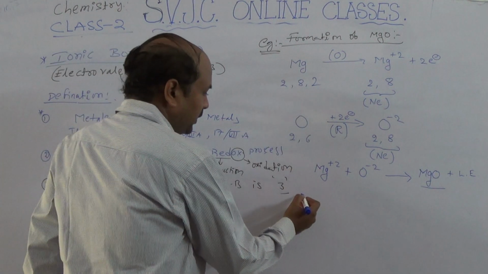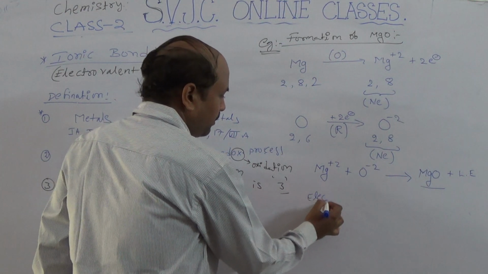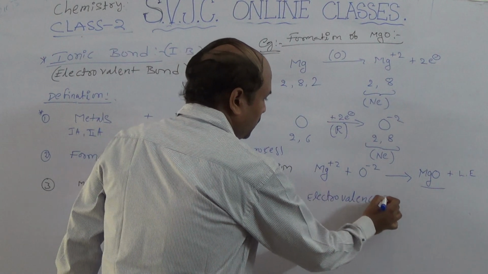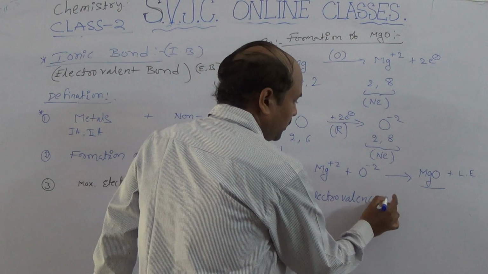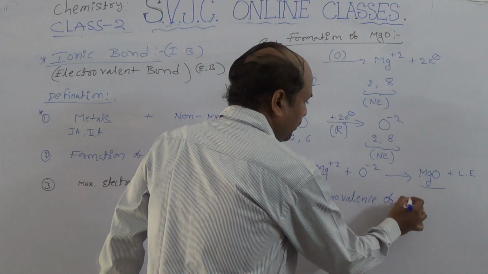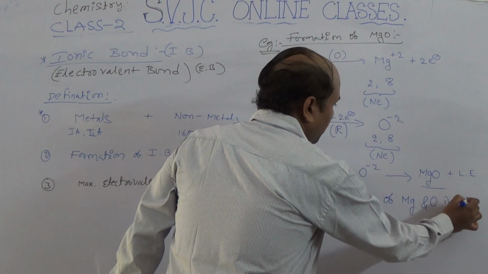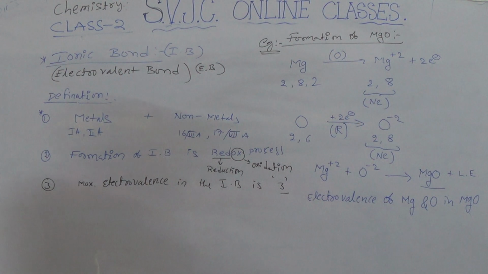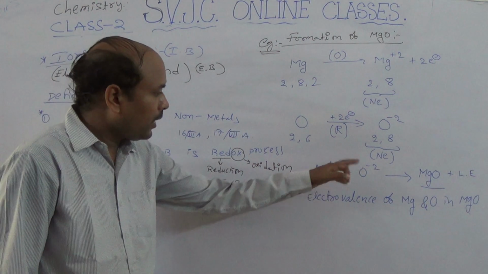Now I am asking one question: what is the electrovalency of magnesium and oxygen in the MgO compound? Observe how many electrons are transferred.